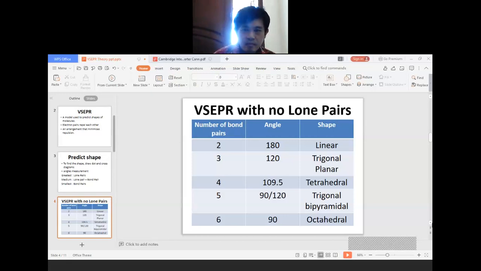For four bond pairs, the angle is 109.5 and the shape is tetrahedral, like in methane. Methane is CH4, the four electrons of the carbon are bonded to hydrogen, which makes it tetrahedral.